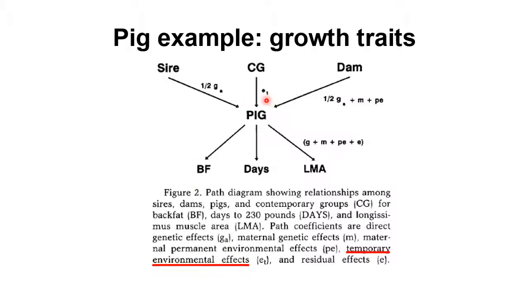So irrespective of, let's say this is back fat, this is weight at specific age, and this is the longissimus dorsi muscle area that was measured, litter would then also be included. So you have your additive genetic effect, you have a maternal effect, you have a permanent environmental effect, but you can also have a temporary environmental effect for that piglet in the litter.